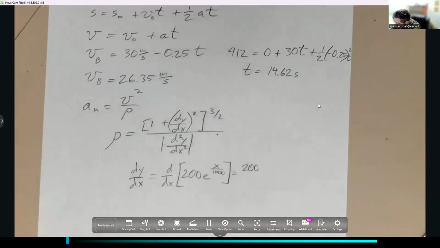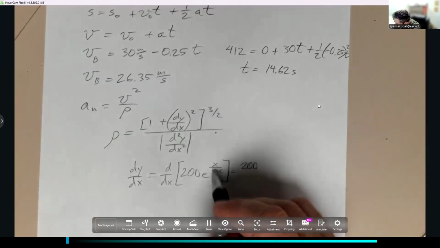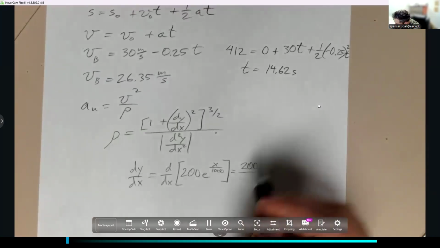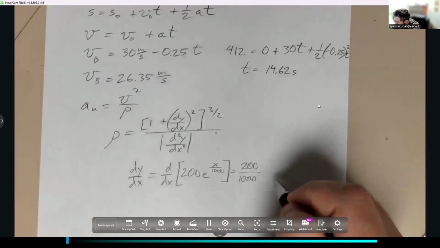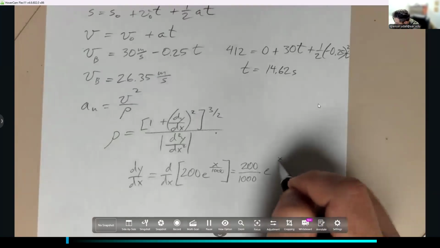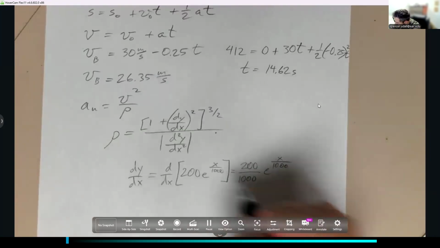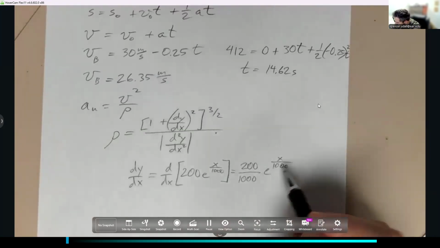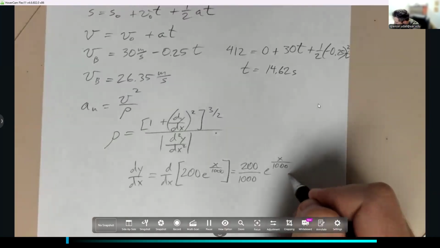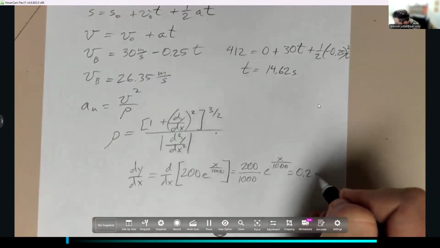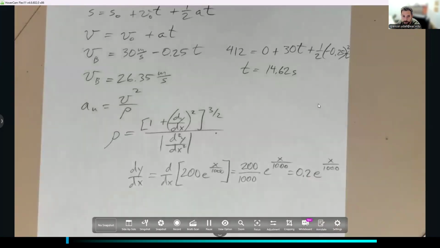That's going to be 200. This 1 over 1,000 is going to need to be multiplied by everything. So there's 1 over 1,000, e to the x over 1,000. Right? Just a little chain rule there because this has the x inside it. So I needed to multiply the whole thing by the derivative of that function. So in other words, 0.2 e to the x over 1,000. That is our derivative there.